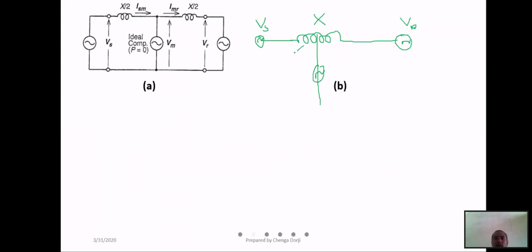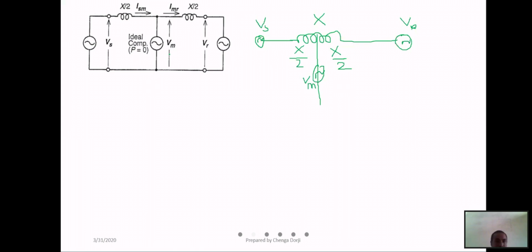So this one will be X by 2, and this one will be X by 2. Here you have VM, your midpoint voltage, exactly at the midpoint. Have you understood this figure?